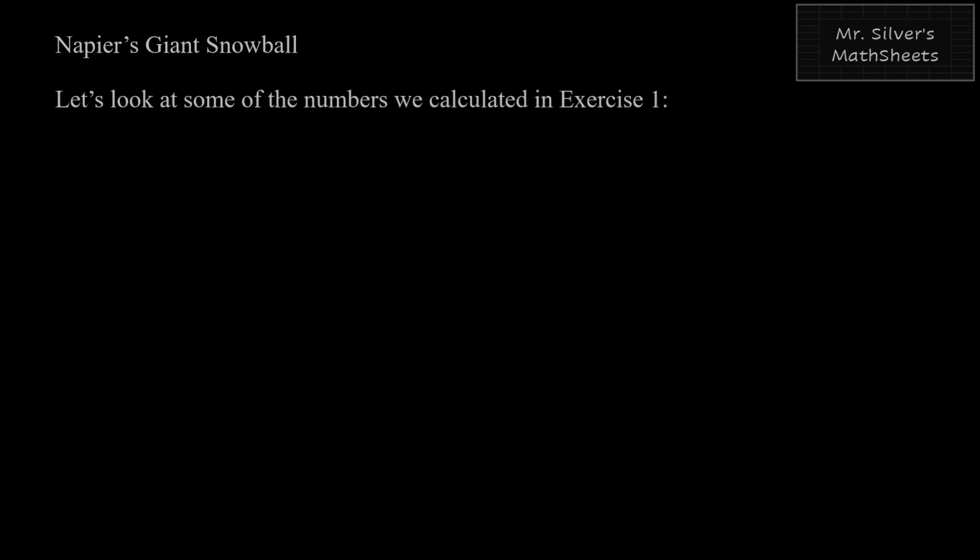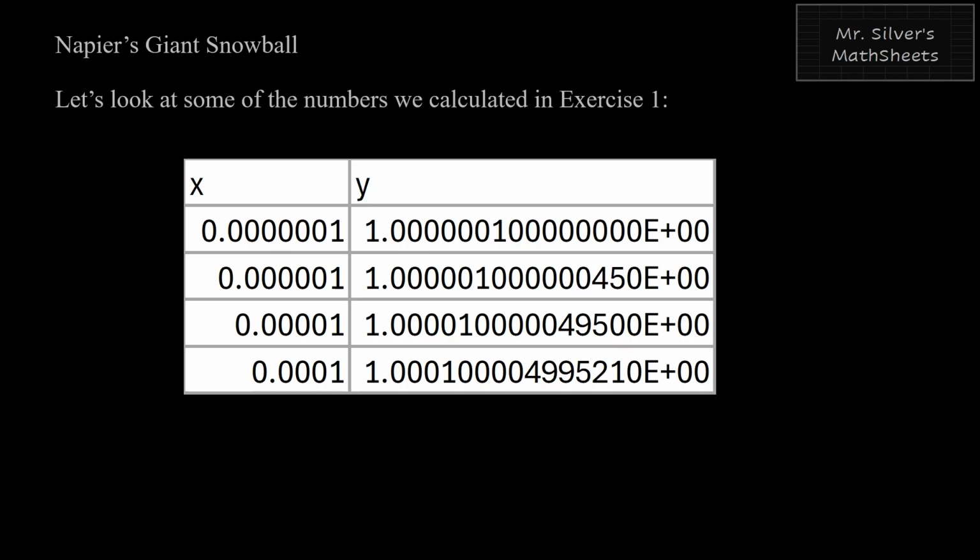So let's look at some numbers that we calculated in exercise 1. These numbers look like 1 plus r, where r is a very small number. And I would like to be able to see what r is separately, because I can see that we're losing the digits that I want to know about.